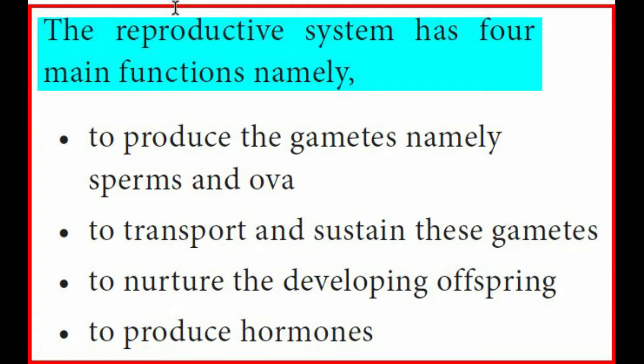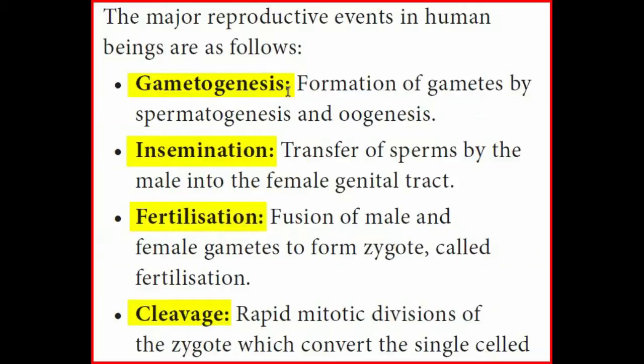Next, we are going to learn the major reproductive events in human beings. Number 1, gametogenesis. Number 2, insemination. Number 3, fertilization. Number 4, cleavage.